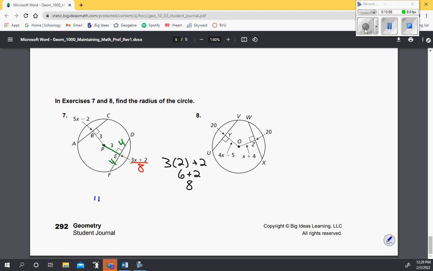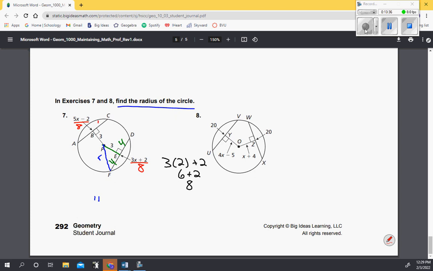Okay, now we're going to get to this part of the question, finding the radius. What we can do is draw a segment from our center to one part of our chord, where it connects. That's our radius. And we can say that is going to be R. Now you could have done this for any part, right? Because you know that this is 8 as well.